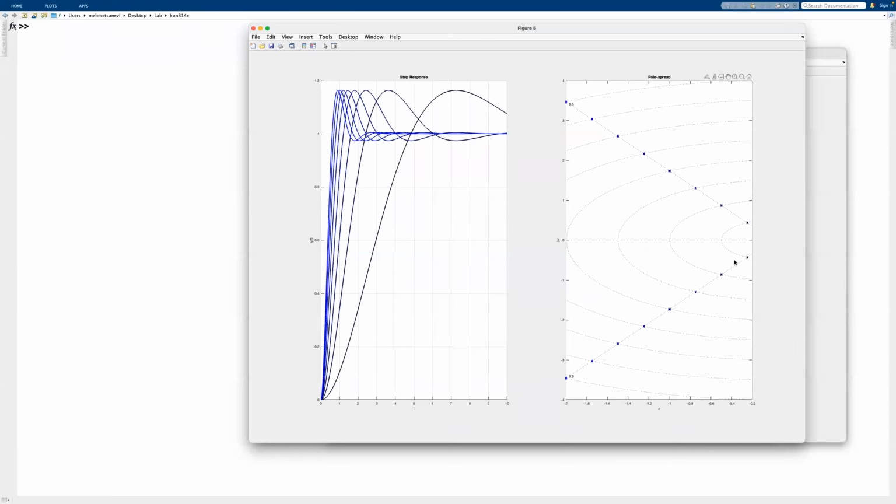And when we fix zeta, we're basically talking about constant cosine or constant zeta values. So these all have the same zeta values here. And we have also the symmetric one here because they will be conjugates. And then we have these omega n orbits. Since we're changing only omega n, we are kind of landing on a different orbit here for each system.